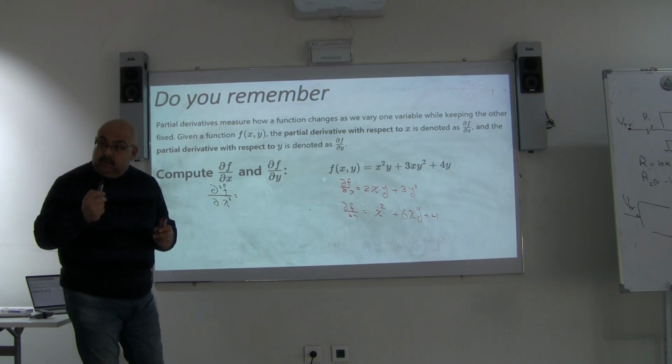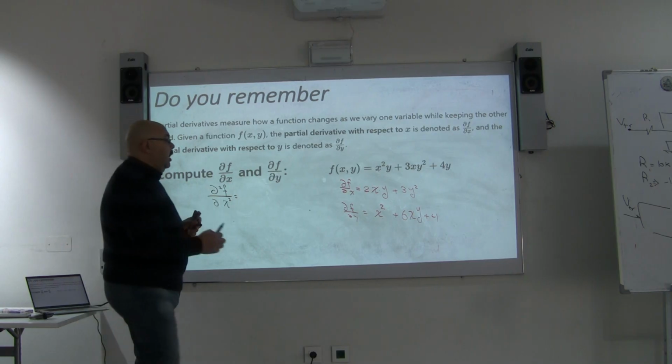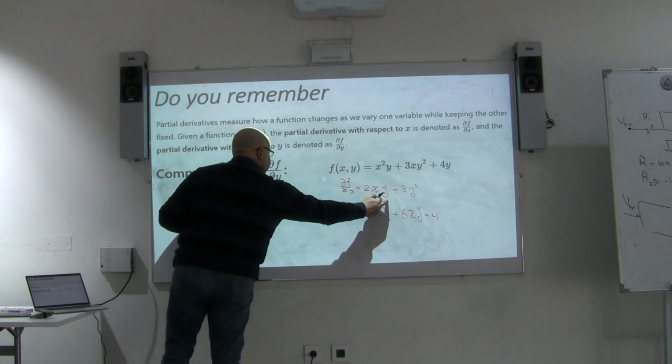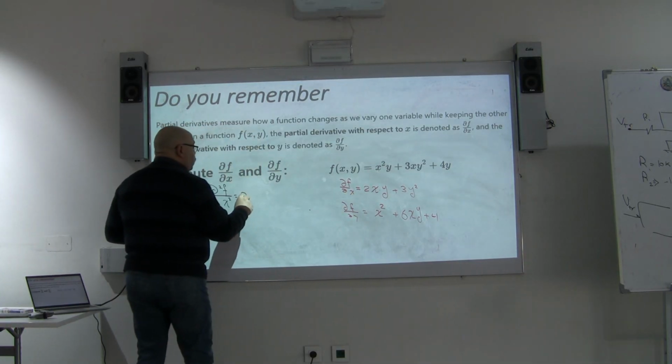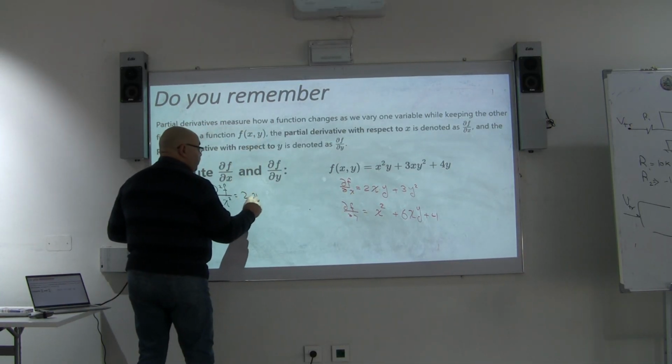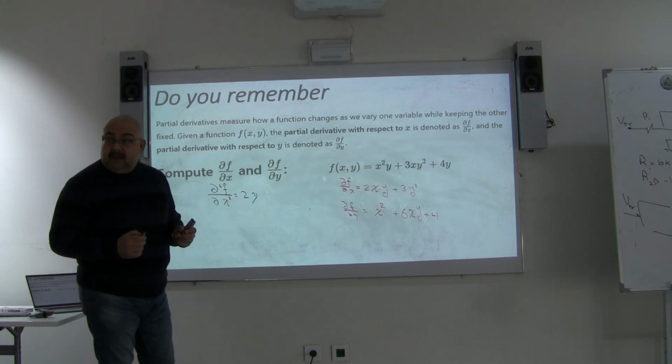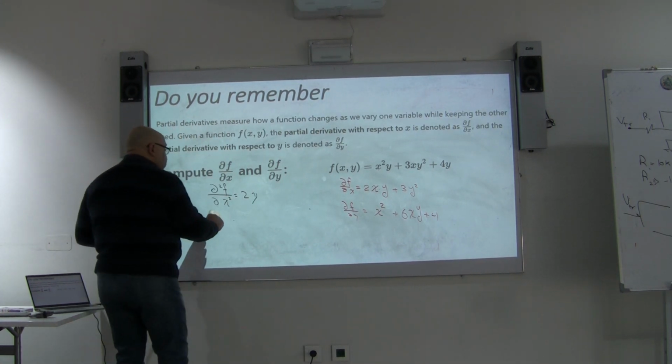The second time will also be with respect to x. So I will differentiate this with respect to x. Differentiating the first term will leave you with just 2y plus 0, because 3y squared doesn't contain any x.